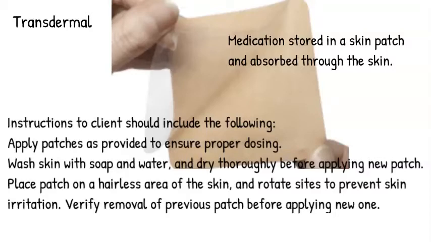When you get ready to apply the new patch, you're going to select an area that has the least amount of hair or that is hairless. You can wash the area with some soap and water and make sure it's dry thoroughly before you put the new patch on. Also, before applying the patch, you're going to make sure that you date, time, and initial the patch, and then place it on the patient.